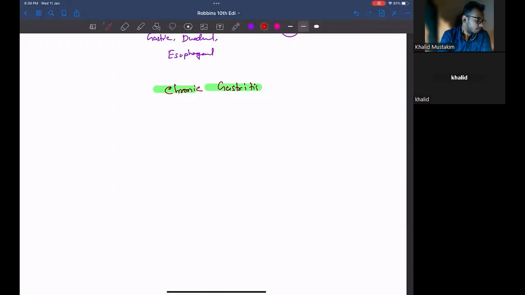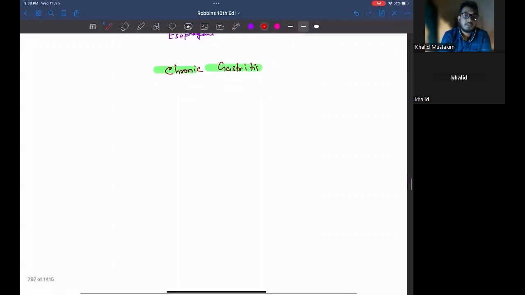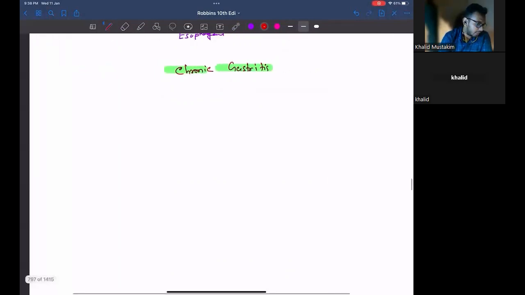Okay. So now, if a patient comes to you with chronic gastritis, he or she may come with some complications. So what are those complications?